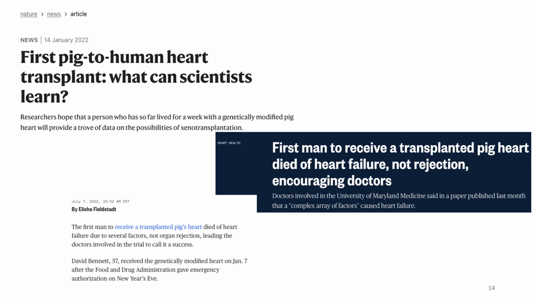The surgery went well, and the patient lived for about half a year. But the patient died later that year due to heart failure from other causes, not from rejection, according to the disclosed report. The doctors involved believed it was a success.